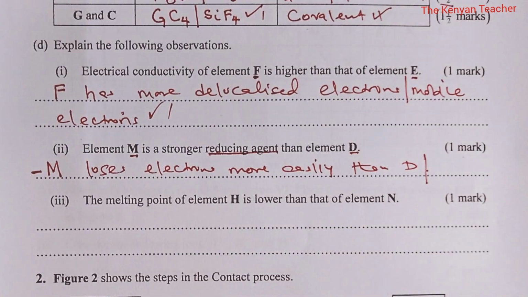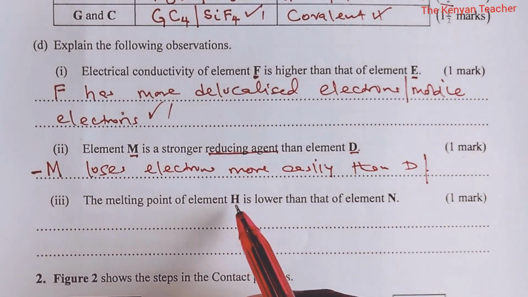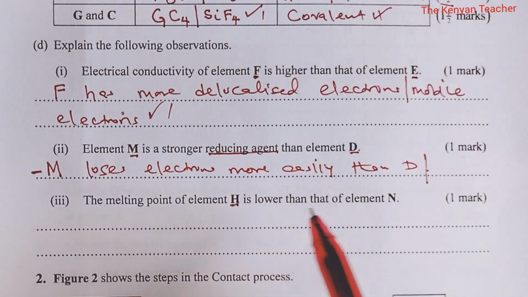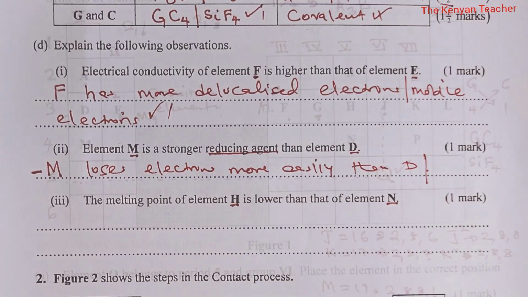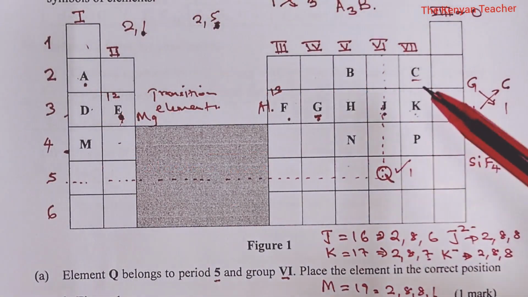So we finally end the video by looking at part 3 of section D, where we were told again to explain why the melting point of H is lower than that of N. We get back to the grid and see where H and N are. So here we are.